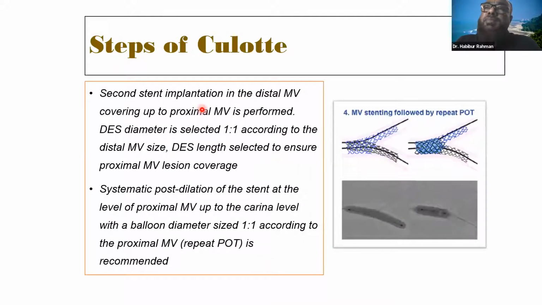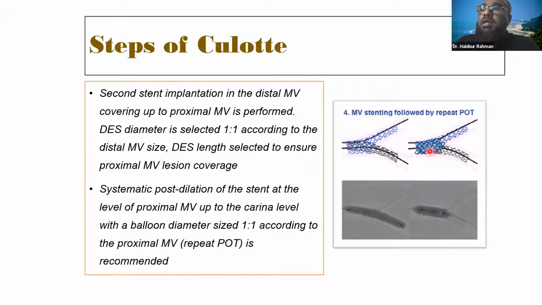The second stent is implanted in the distal main branch overlapping the proximal main branch, and the stent should be sized 1:1 according to the distal main branch size, and the length should ensure the proximal coverage.